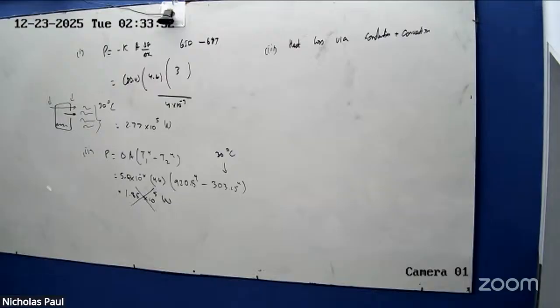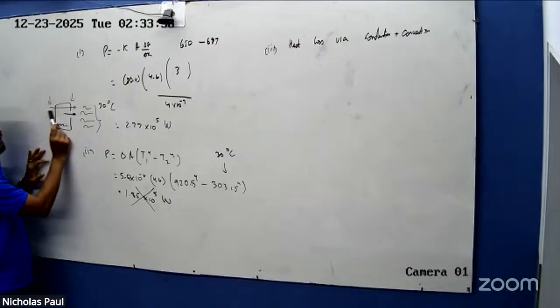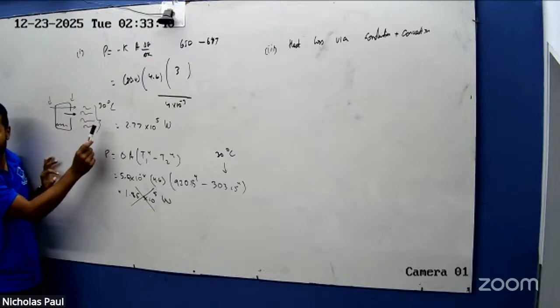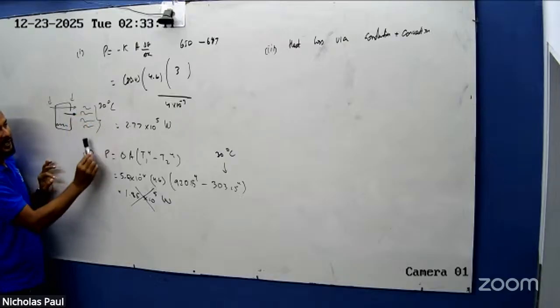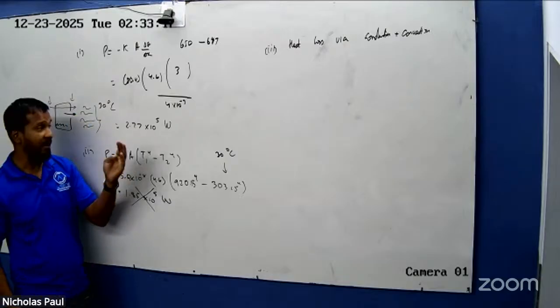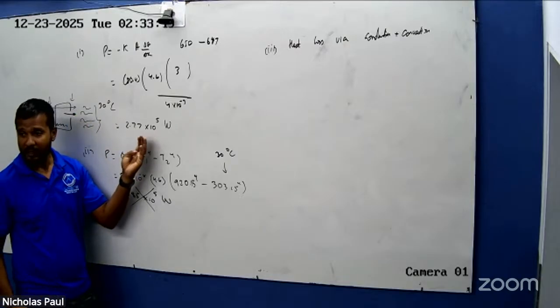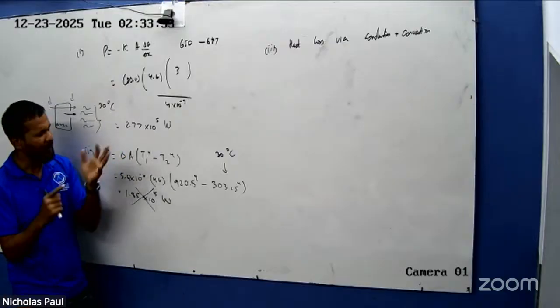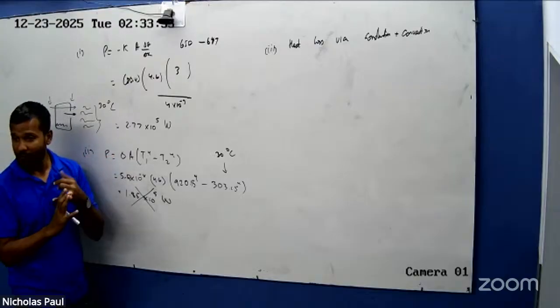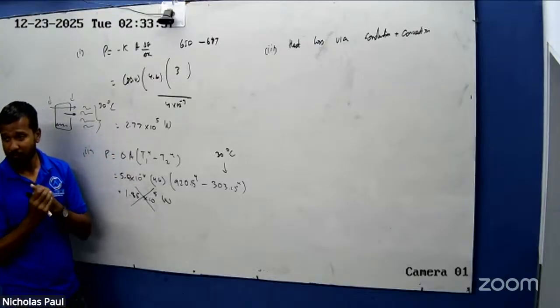Please remember conservation of energy, right? The heat loss here is equal to the heat gain here, right? And the heat that they gain in here is this. So therefore, this has to be the energy being supplied for conduction and convection. That's okay?